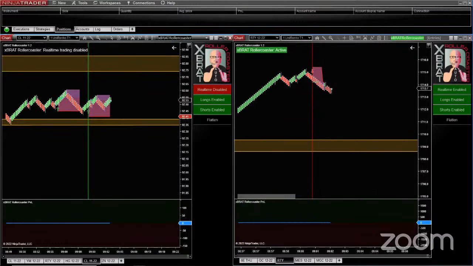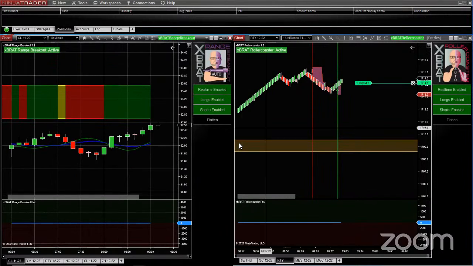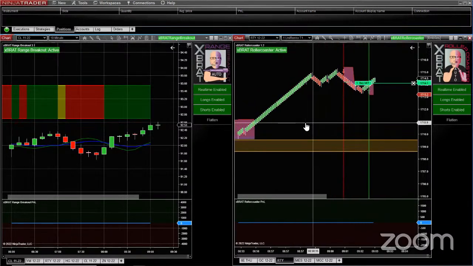This is quite a narrow range for oil here. There's no data today, really. Should get a very narrow opening range. And the oil breakout, I mean, orders submitted. No, I didn't take it again. Oh, it did. Orders submitted.